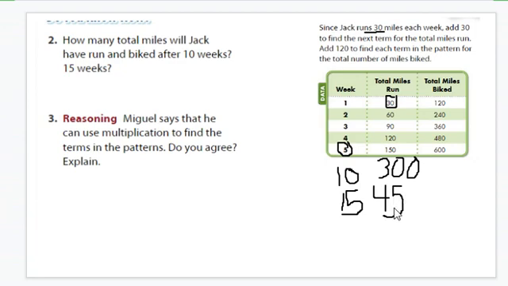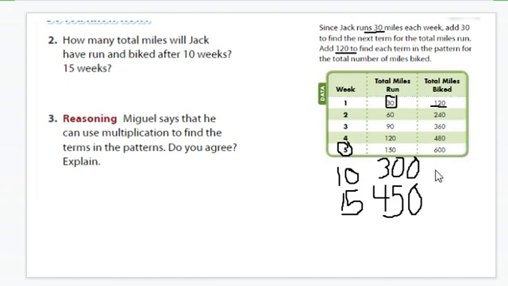And you can do that same trick with the bike as well, because 1 times 120 is 120, 2 times 120 is 240, 3 times 120 is 360, 4 times 120 is 480, and 5 times 120 is 600.